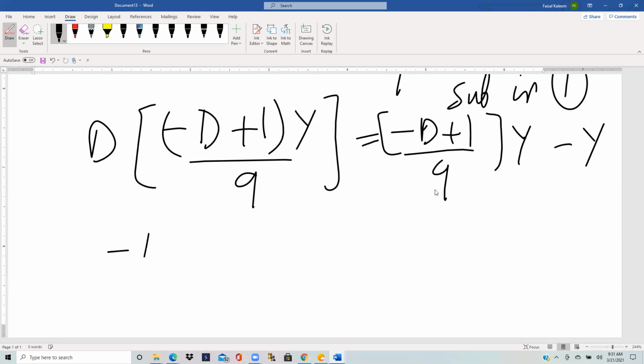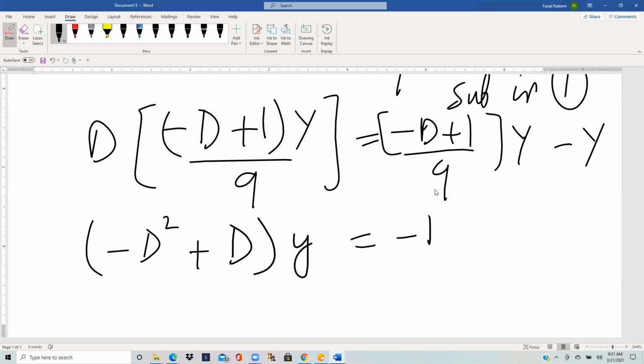So this becomes negative d squared plus d, y, is equal to negative d plus 1, y minus 9y, because everything is being multiplied by 9.